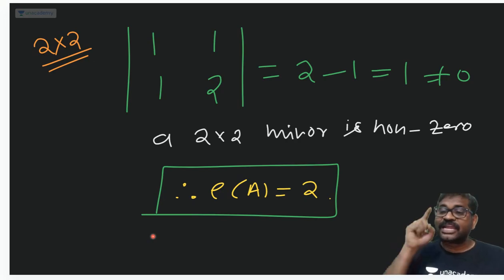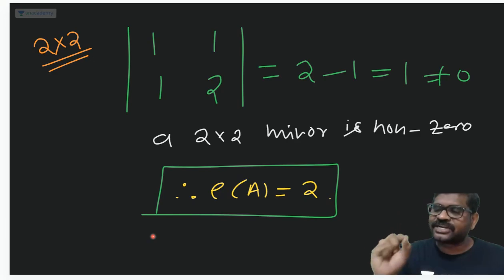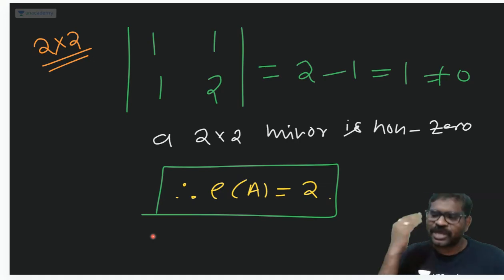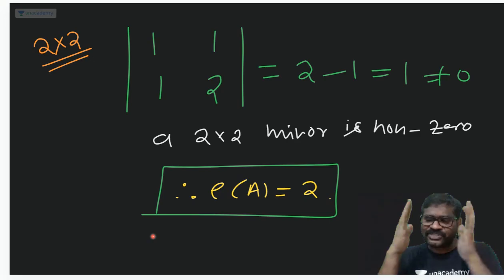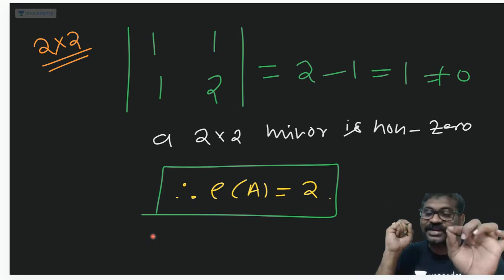So, rank is nothing but the order of the highest ordered non-zero minor. Kamlesh, I will come to the operations later. I am explaining in sequence. Whenever you would like to find the rank of any matrix, first select the highest possible minor.